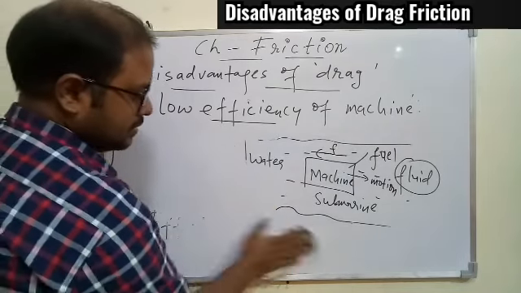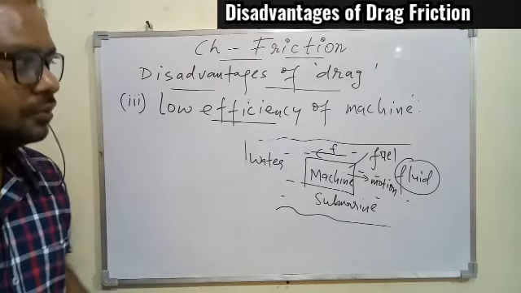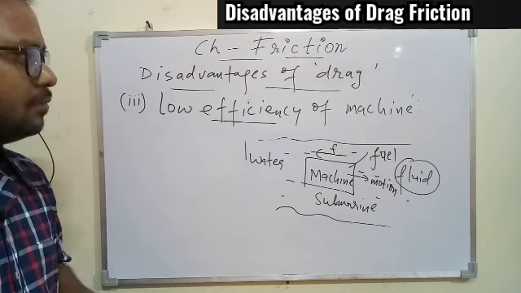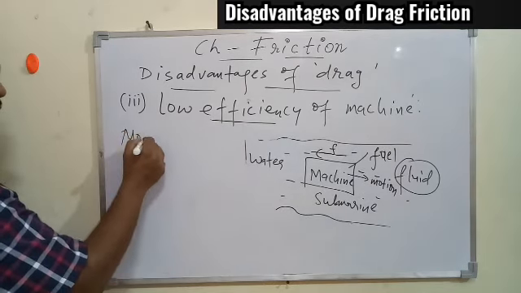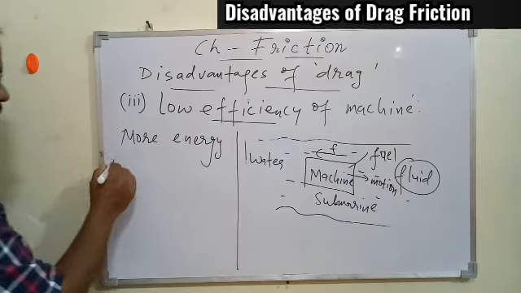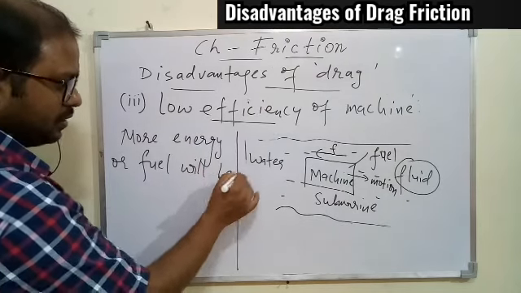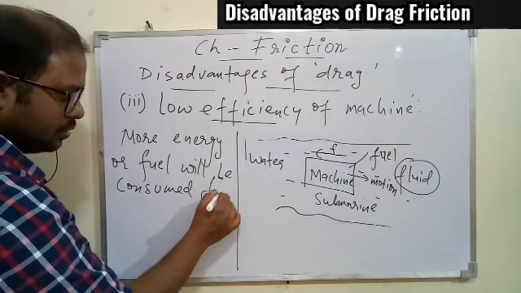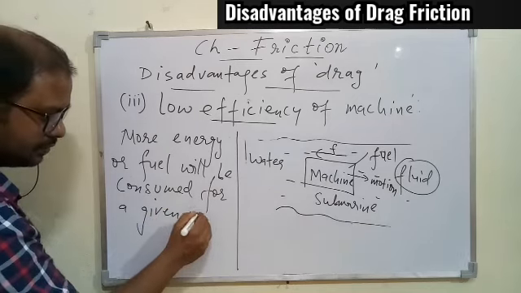that since the machine will consume more fuel to do the same amount of work, overall it will have low efficiency. So we can say more energy or fuel will be consumed for a given work.